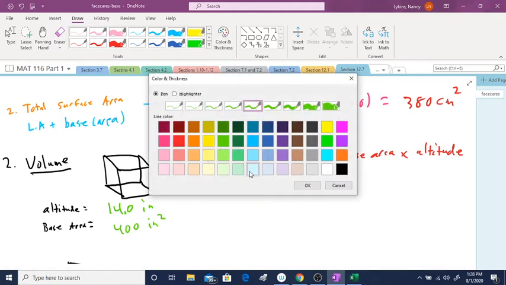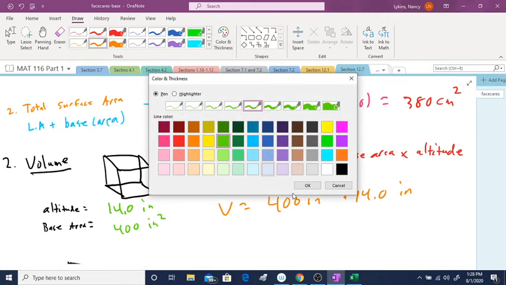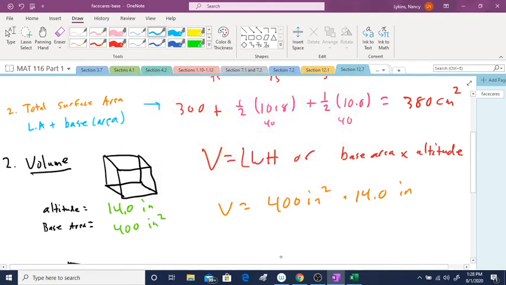Okay, so now to find the volume of this, all you have to do is multiply 400 inches squared times 14 inches, and you get a grand total of 5,600. Now, the reason why I put inches squared and inches in here is if I got 2 inches, I got 1 inch. That means I'm multiplying a total of 3. So cube always has cubic. In this case, it would be inches cubed.